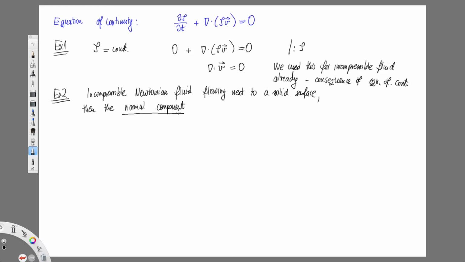So that is implicitly said here. So normal or orthogonal to the solid surface. And that solid surface might or might not be parallel to my coordinate system planes. The component of the viscous stress exerted by the fluid onto this surface is 0.